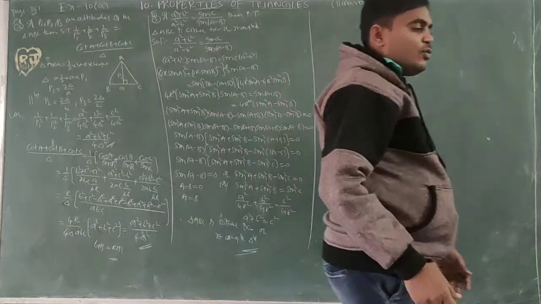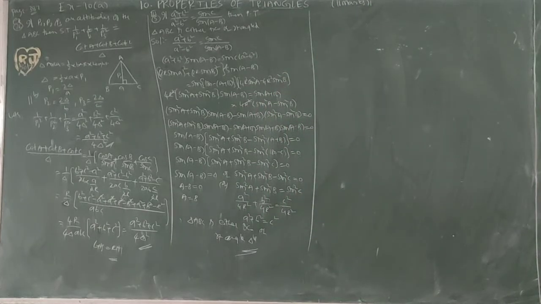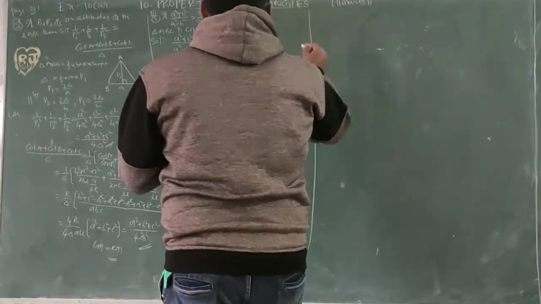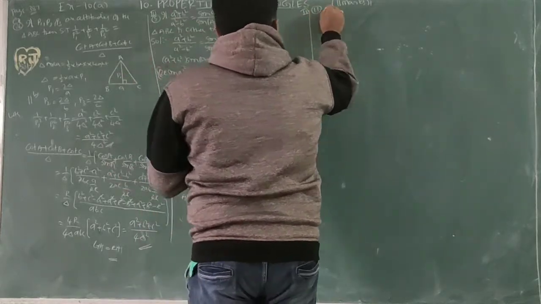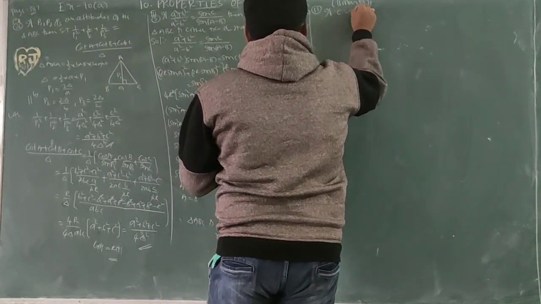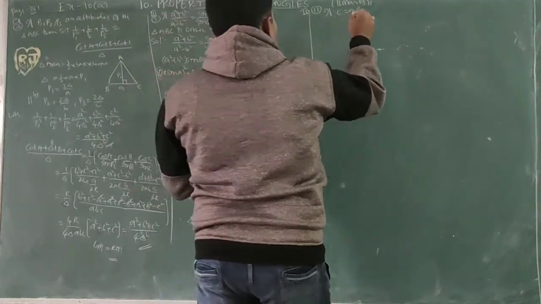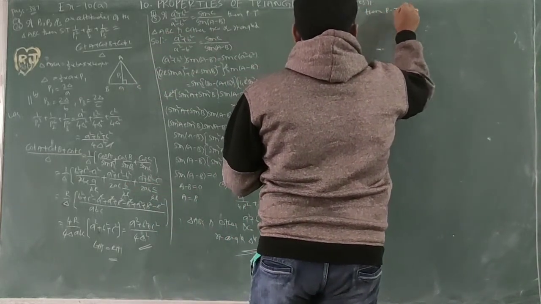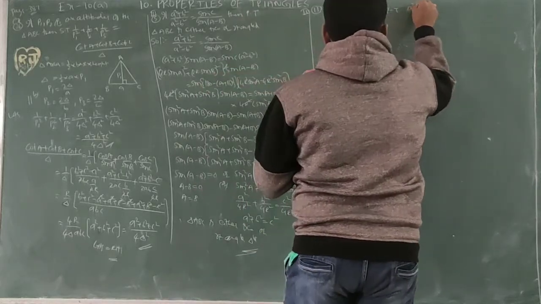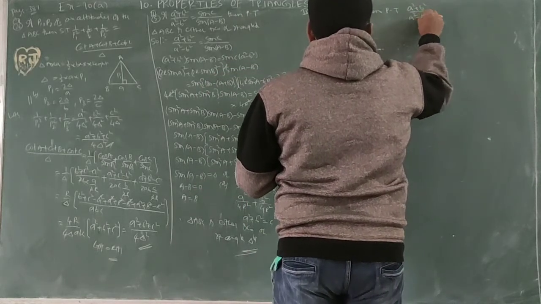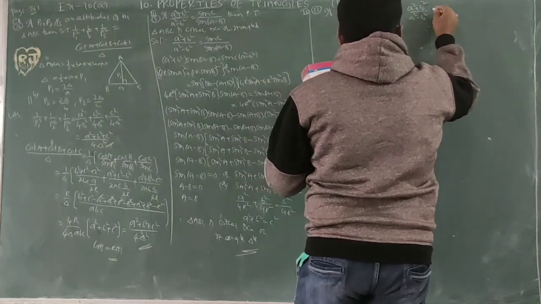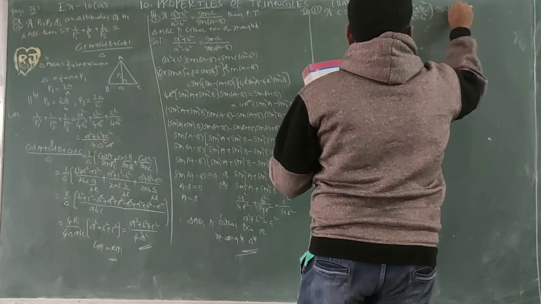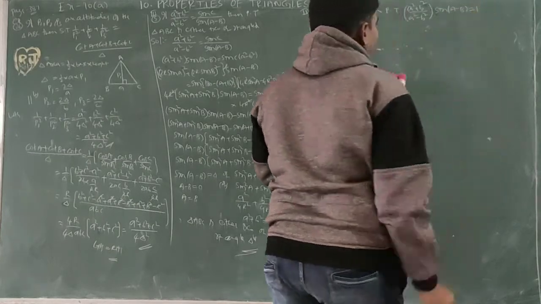Okay, a similar question is question number 11, third bit. If angle C equal to 90 degrees, then prove that (a² + b²)/(a² − b²) times sin(A − B) equal to 1.